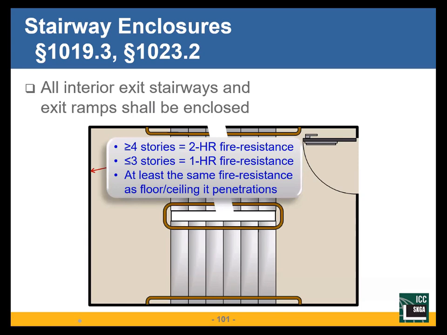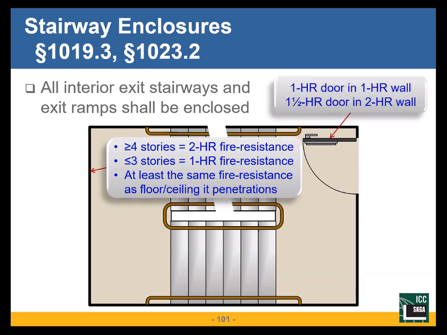Or at least the same fire resistance rating as the horizontal assembly that it penetrates. 1.5-hour door for my 2-hour stair shaft, 1-hour door for my 1-hour stair shaft. One of the requirements is, again, like our exit passageway, nothing enters that stair enclosure that's not required for the operation of the stair enclosure.